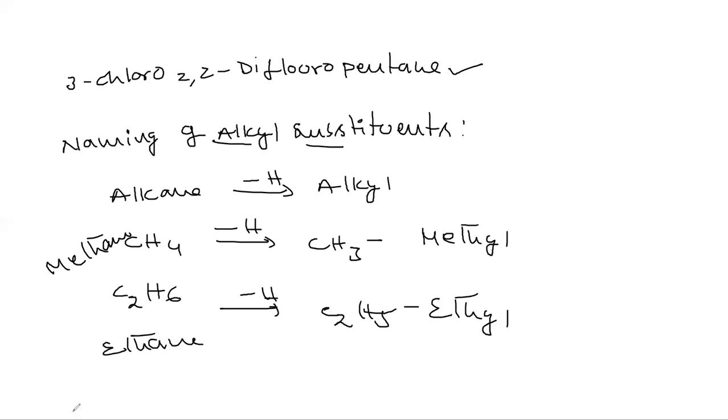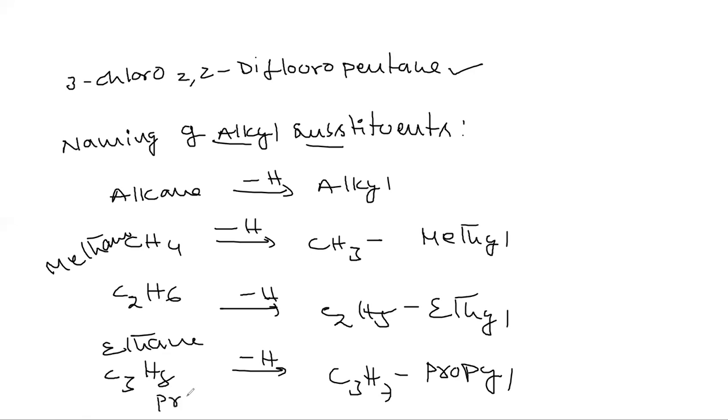Suppose you have propane, that is C3H8. If you remove the hydrogen from this one, you get C3H7. That is propyl. So propane, propyl. Okay. So if you have a straight chain like this, for example, an alkyl substituent like this, CH3, CH, CH3.